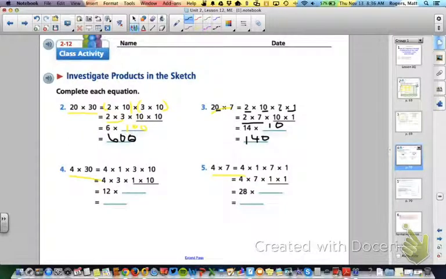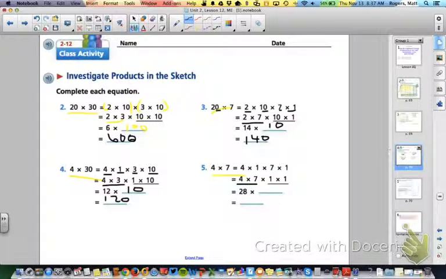Down below, 4 times 30: I know 4 times 1 and 3 times 10. If I take the numbers 4 and 3, and then the place values 1 and 10, I've got 12 times 10, which gives me 120. And lastly, 4 times 7: 4 times 1, because it's in the ones place value, and 7 times 1, also in the ones place value.